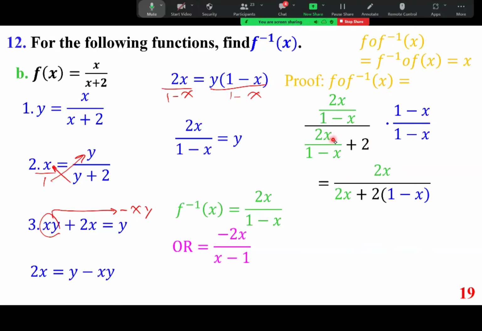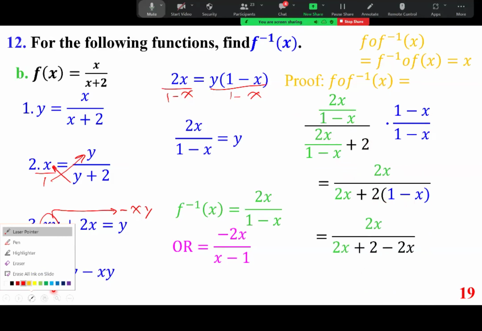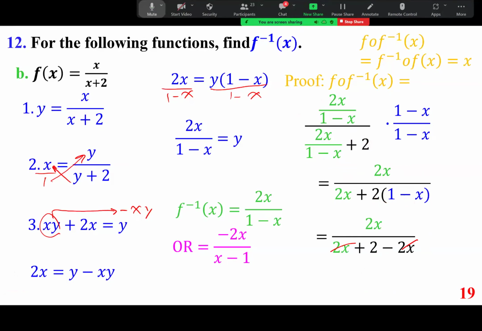So all I have to do is simplify the bottom. By distributing this one, I get 2 minus 2X. And 2X over 2 equals X. And that's a proof we've come up with the correct answer.